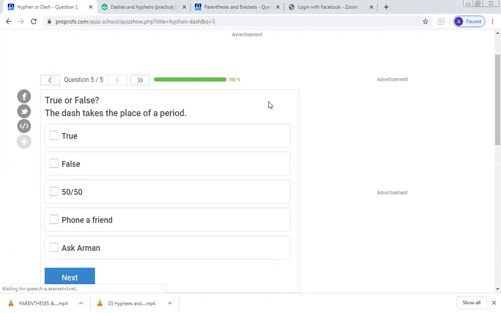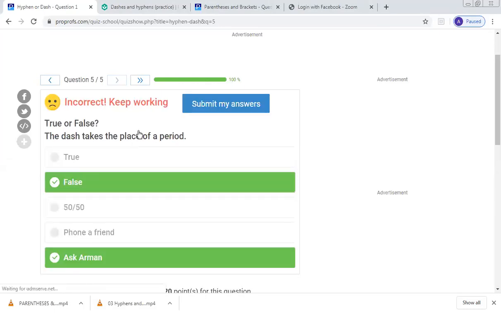True or false? The dash takes the place of a period. I think it's false. Okay. It takes the place of a comma or colon. So, listen, everyone.